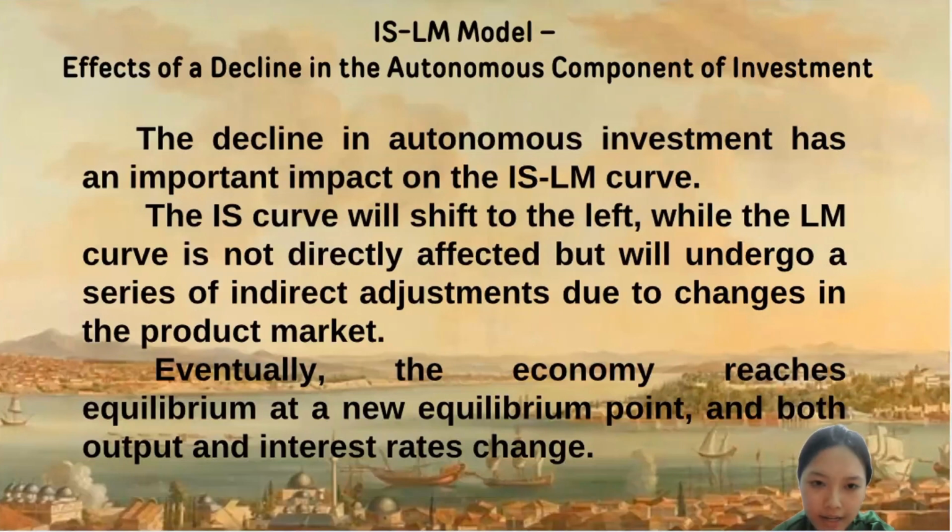The decline in autonomous investment has an important impact on the IS-LM curves. The IS curve will shift to the left, while the LM curve is not directly affected, but will undergo a series of indirect adjustments due to changes in the product market.